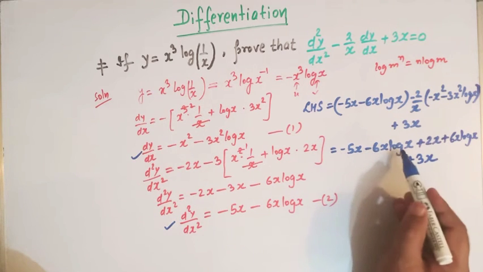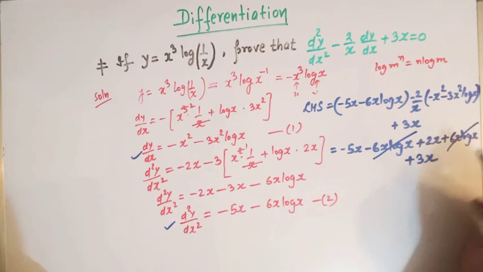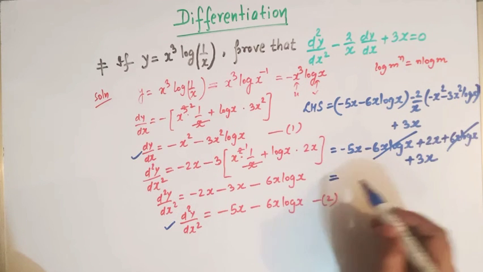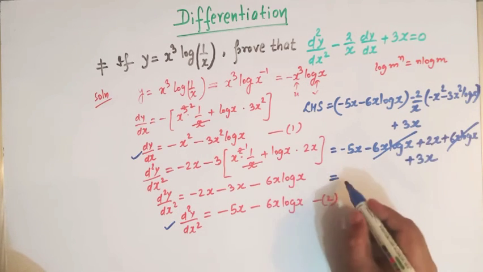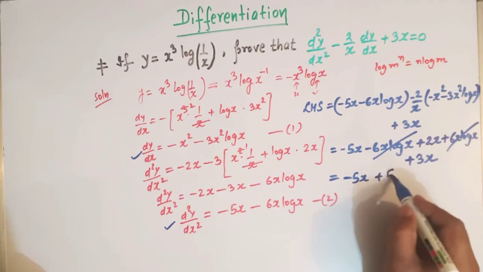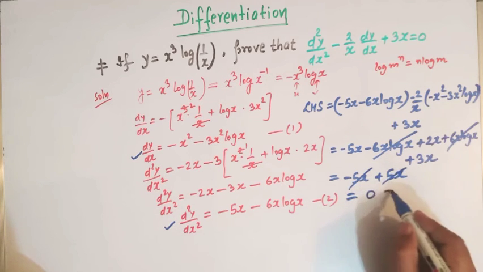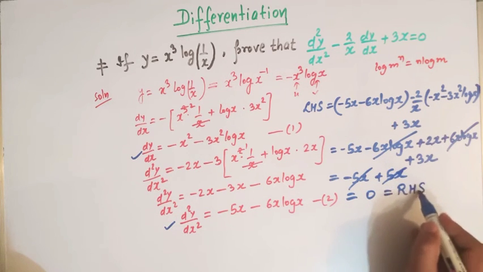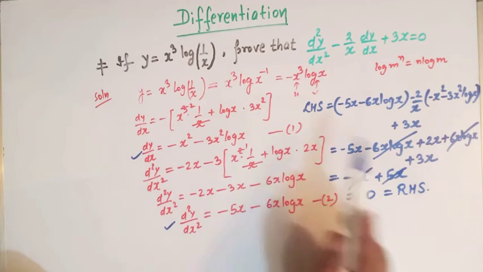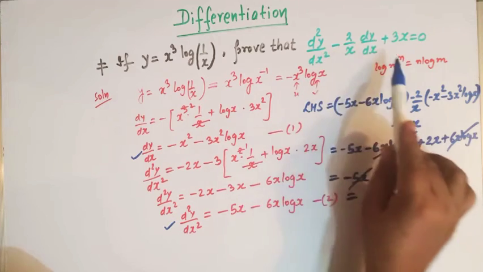Now this is minus 6x log x, this is 6x log x, so this gets cancelled, and minus 5x plus 3x plus 2x is 5x, and this is 0, and this is equal to the right hand side. So this is how we prove this given expression.